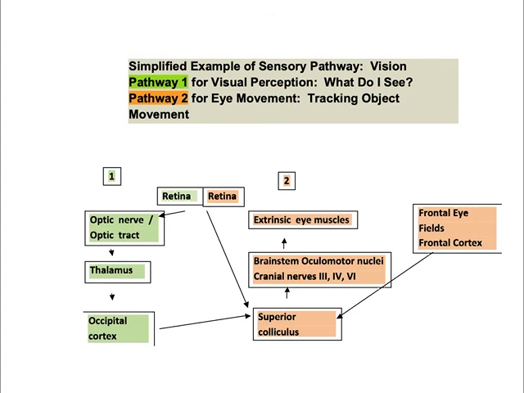Another example of this that you're unaware of is the fact that even when you think you're looking at an object that is fixed in your visual field, the fact of the matter is that there are tiny movements of the eyes that take place when you look at that object that you're kind of unaware of, but these pathways govern it. And it prevents the bleaching of the photoreceptors so that you lose your visual field.